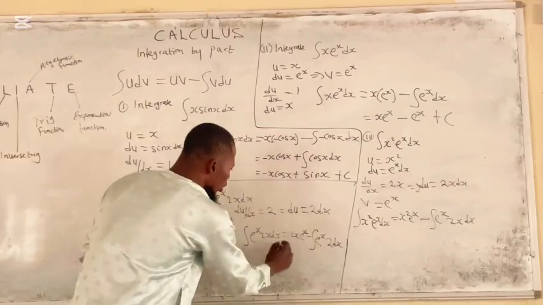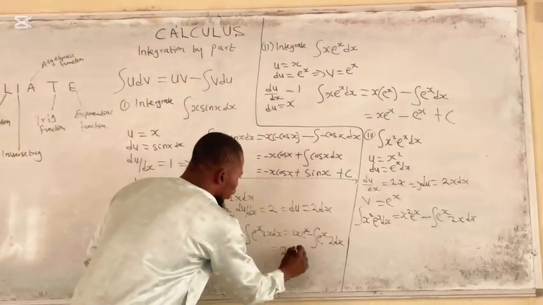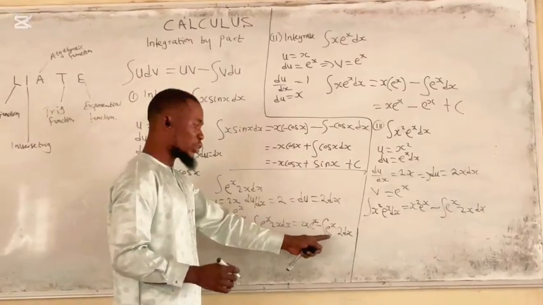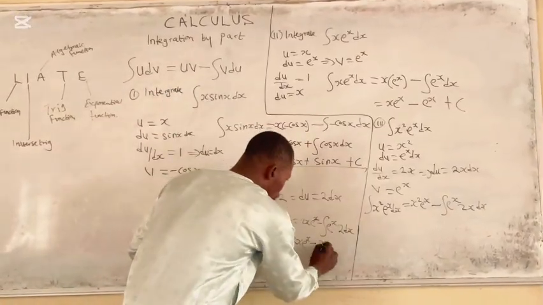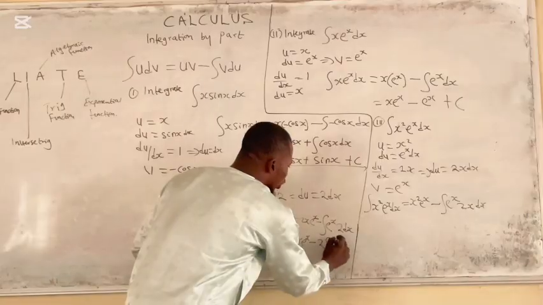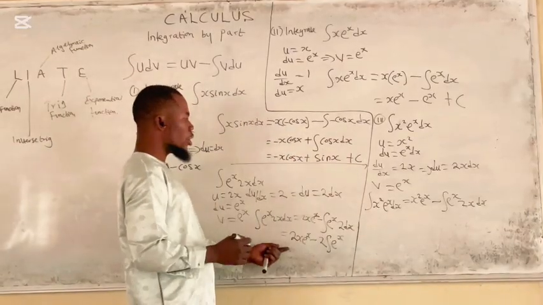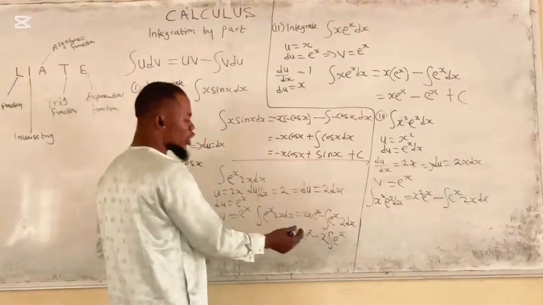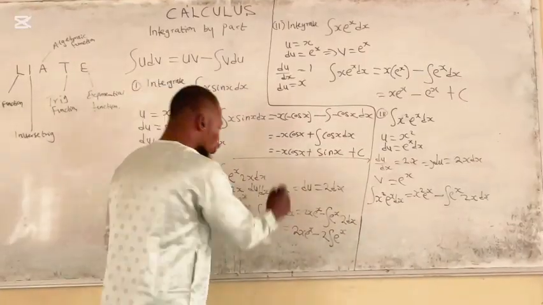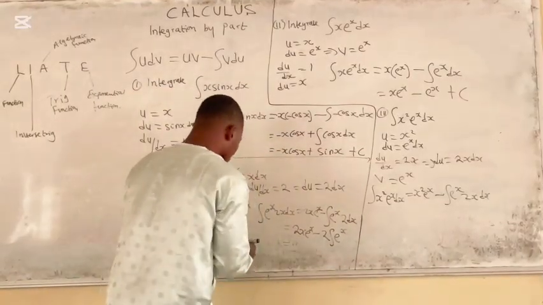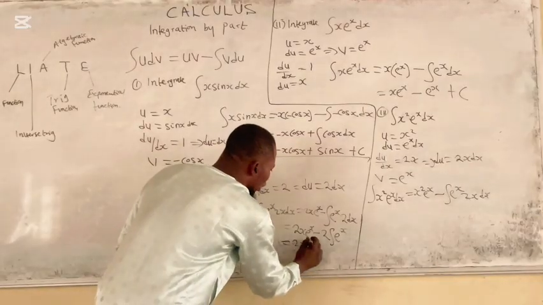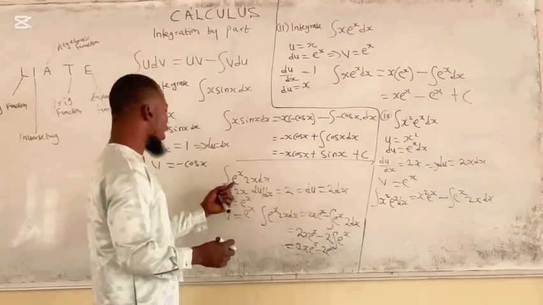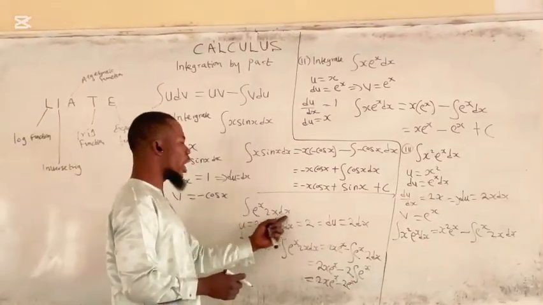We will now be having 2x exponential x minus, the 2 is constant here, we can factor out 2. So we will now be having 2 integral of exponential x. So from here, if you integrate exponential x, you still be having exponential x. So the integral will now be 2x exponential x minus 2 exponential x. This is the integral of exponential x 2x dx.